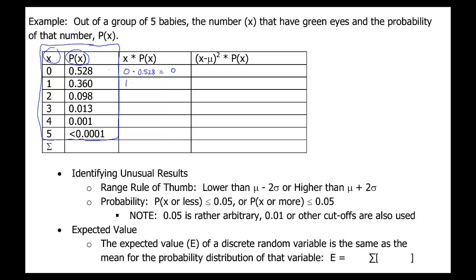And the next x is 1. Its probability is 0.36. And we get 0.360. Next x is 2 times its probability, 0.196.